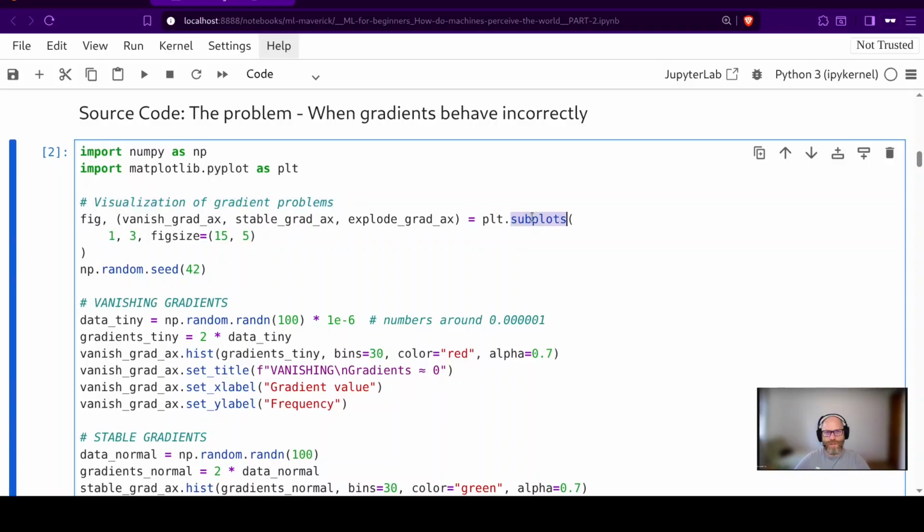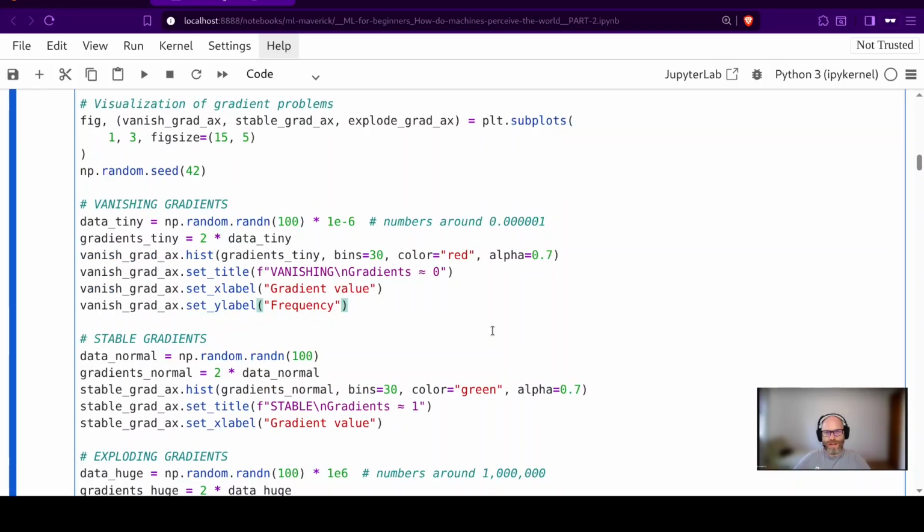Using the object-oriented method plt.subplots, it returns a figure and 3 axes for 3 different plots: vanishing gradient, stable gradient, and exploding gradient. And setting the random seed to 42 to have the same results.